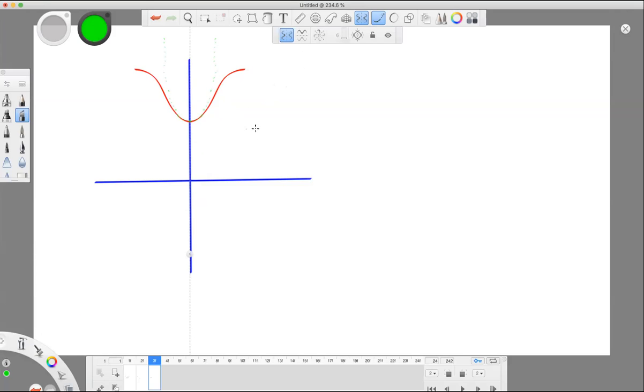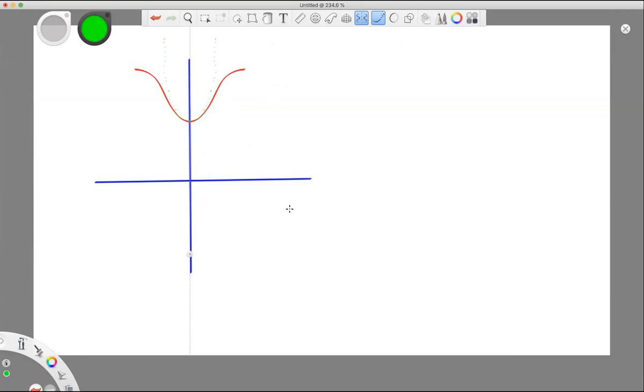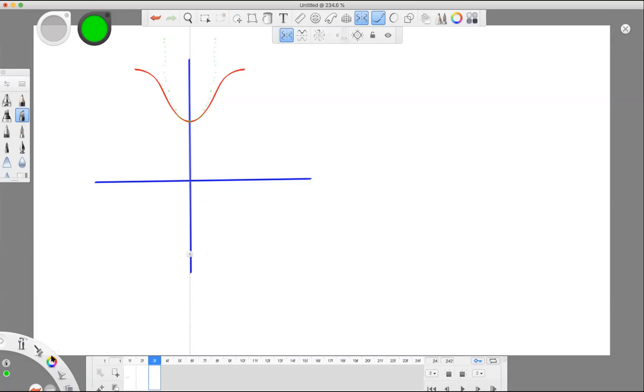The same thing is going to happen for the valence band. Let's draw the valence band from here, for example.